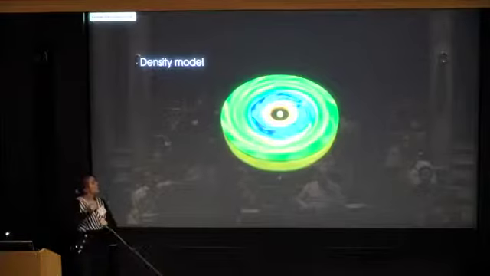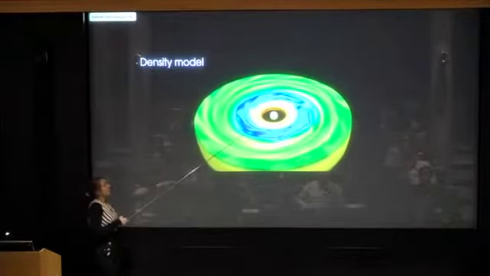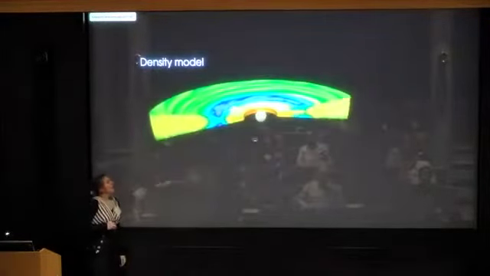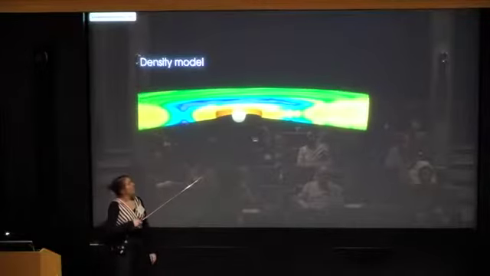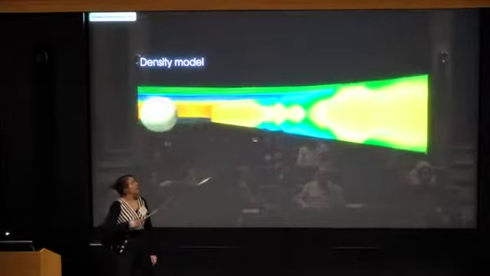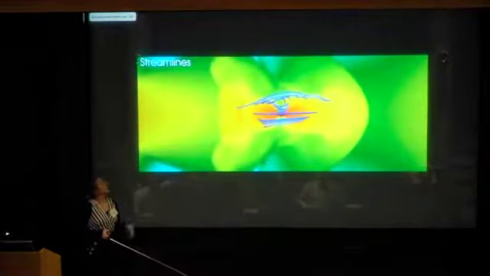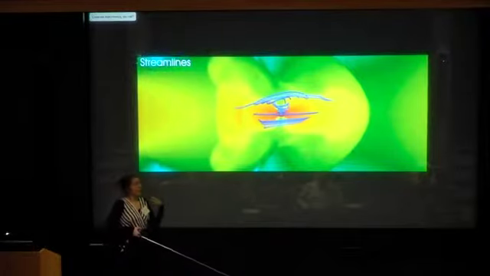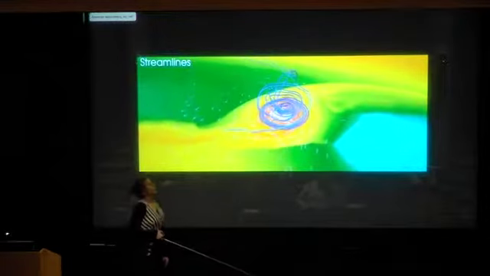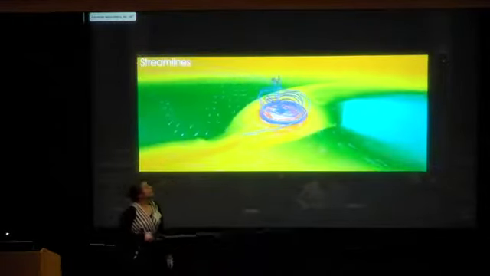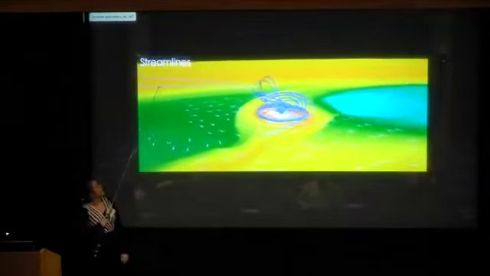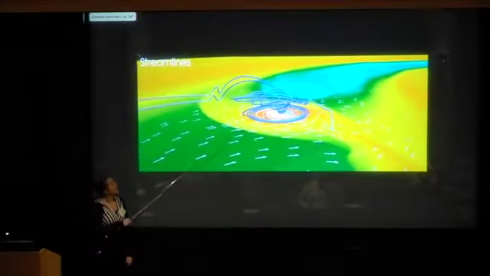This is one of my simulations of a forming 3 Jupiter mass planet. As we zoom close to the planet vicinity, you see the circumplanetary disk, and I also plotted the gas streamlines, so how the gas is flowing onto the planet and in the planet vicinity. As you see, from the outer disk, from the high colatitude regions, the gas will come in and spiral down to the planet.